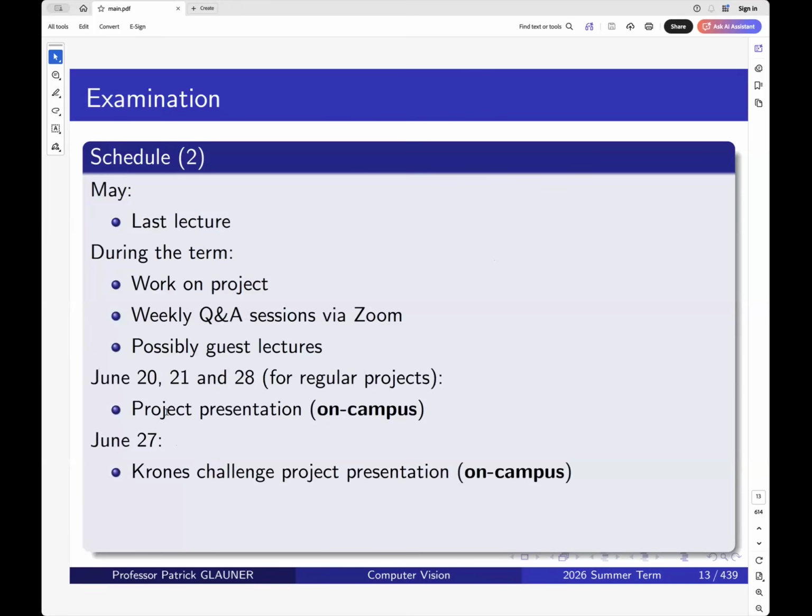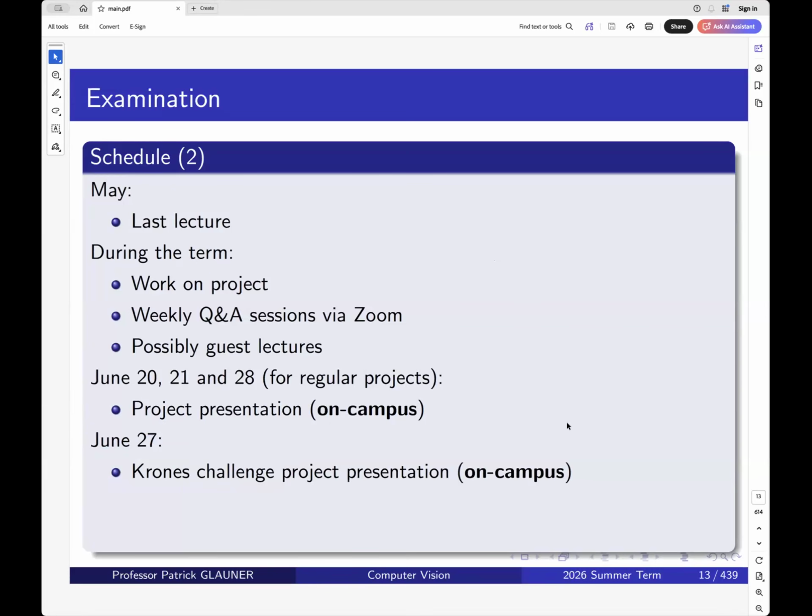If you pick the Kronos challenge, we will do all of these project presentations on Saturday, June 27th. And that date is already fixed because that's the day when the team from Kronos is actually free, and they will come on campus. So the project presentations will take place on campus.